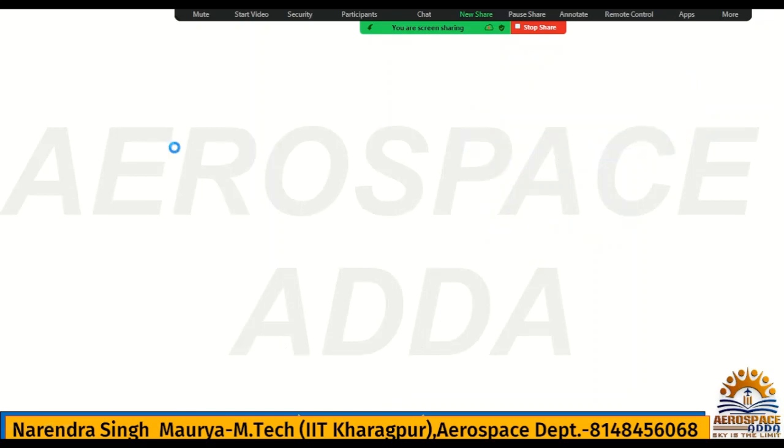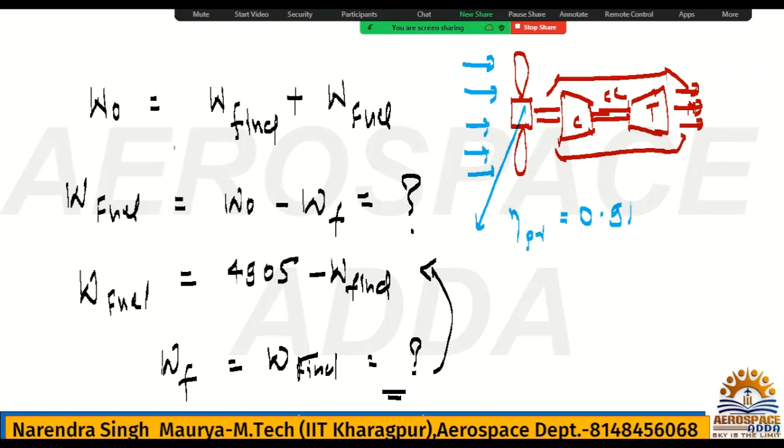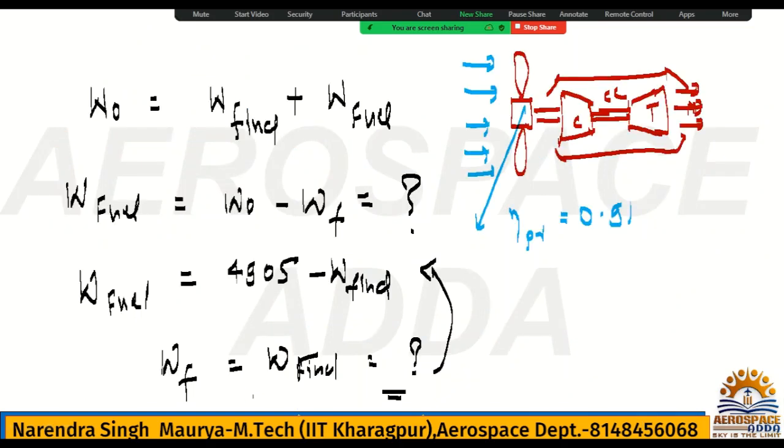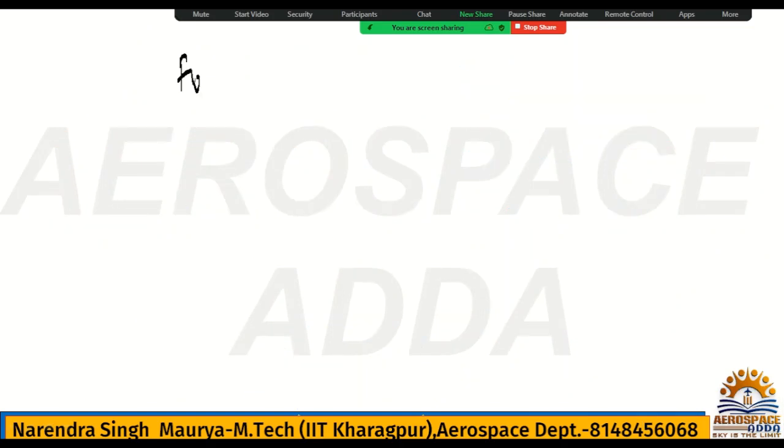Now this is the propeller driven. Write down. For the propeller driven aircraft, because what they have given here, check. They have given 18-hour endurance. So for propeller driven, what is the endurance formula?